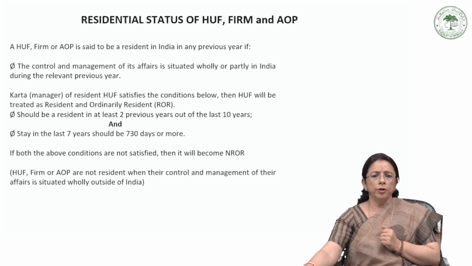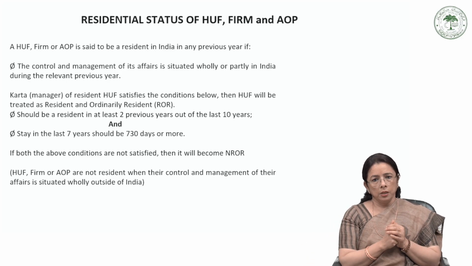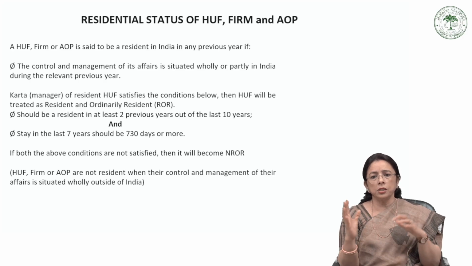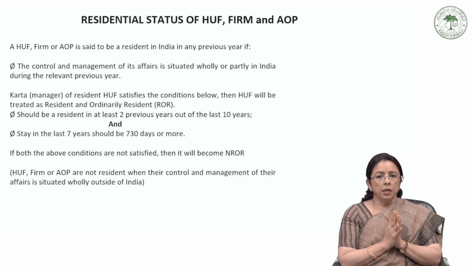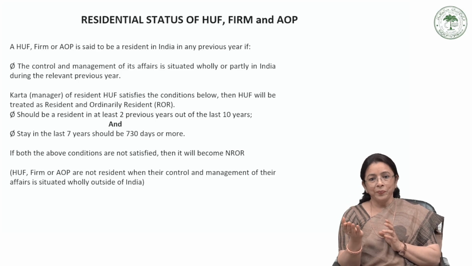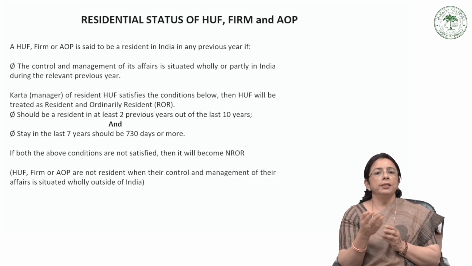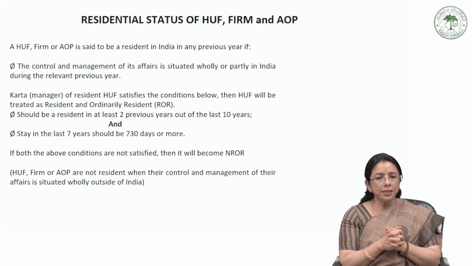Similarly, for another example, suppose an AOP is formed outside India, and all the decisions, meetings and management activities are carried out in Dubai. Then control and management is wholly outside India. Obviously, we will declare it to be a non-resident AOP.